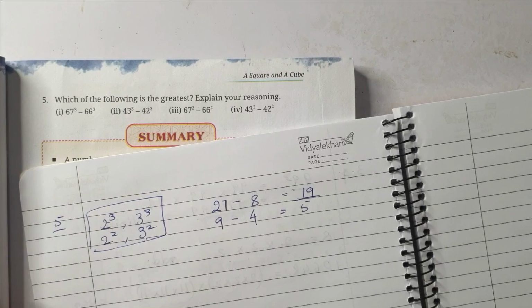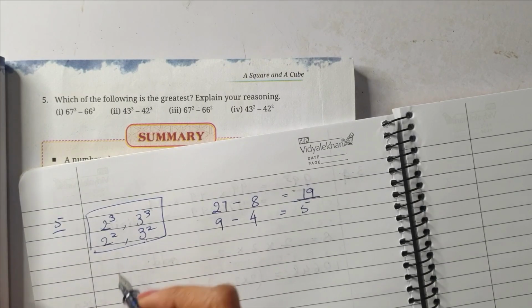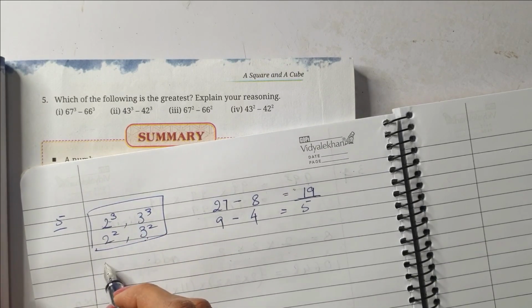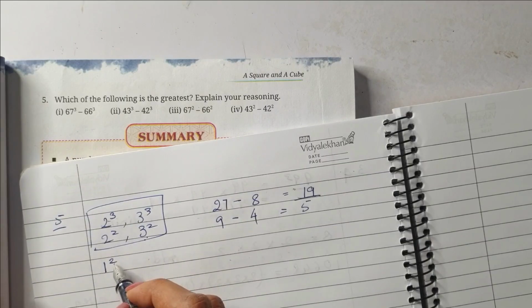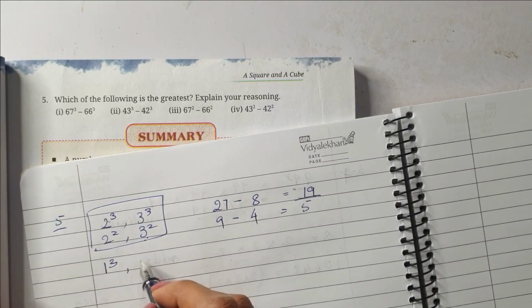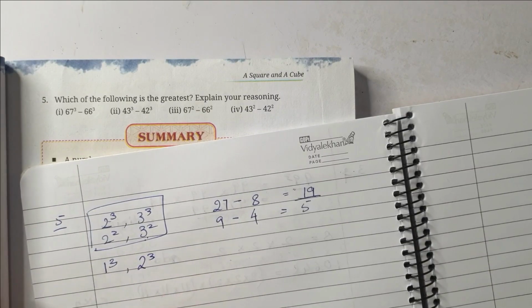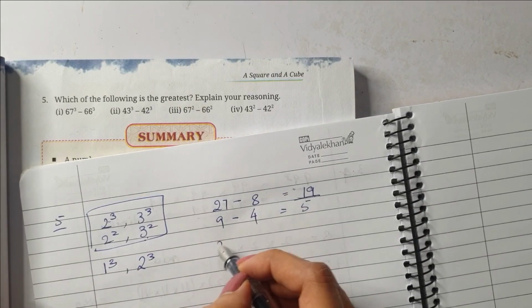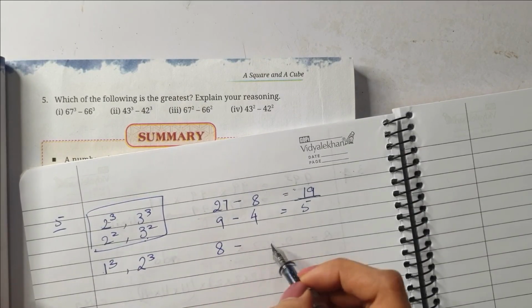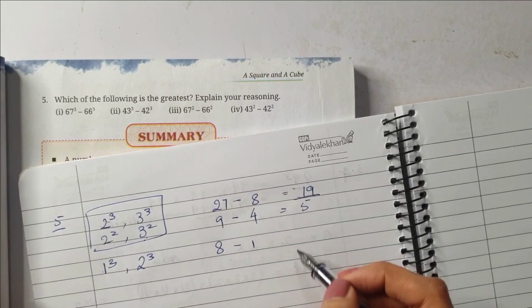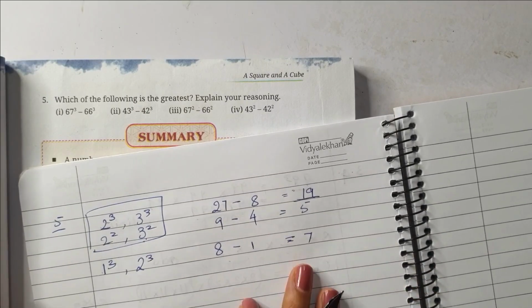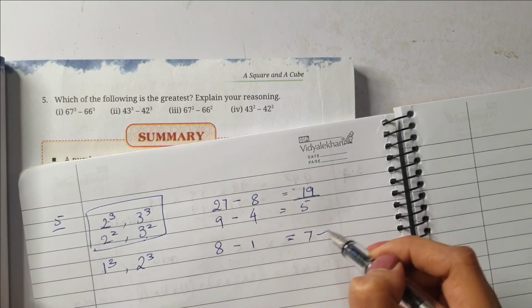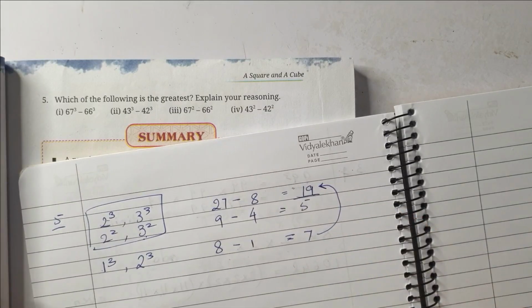And if I go one step lower, let's take 1 square, 1 cube and 2 cube. So 2 cube is 8, 1 cube is 1, and the difference between both of them becomes 7. And this is also smaller than this, right?